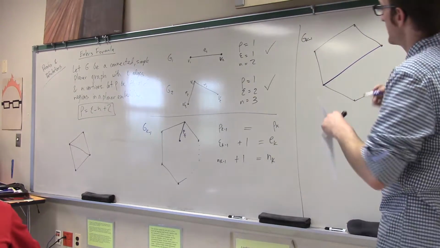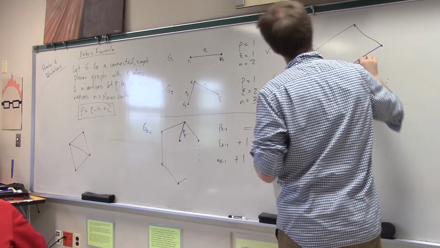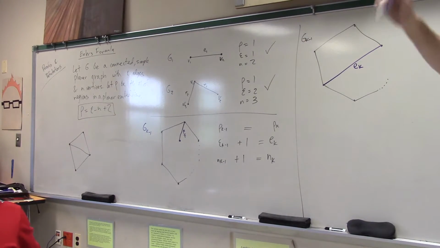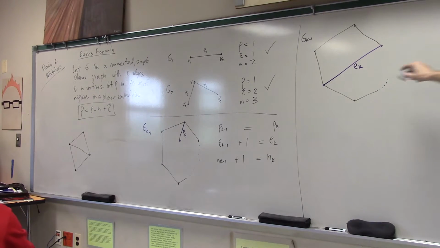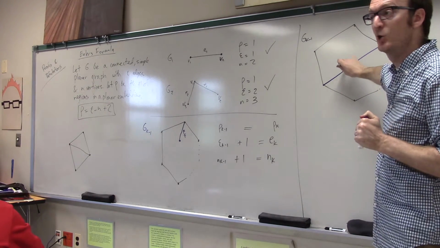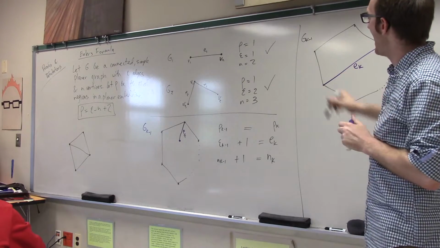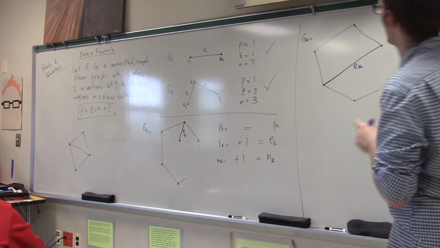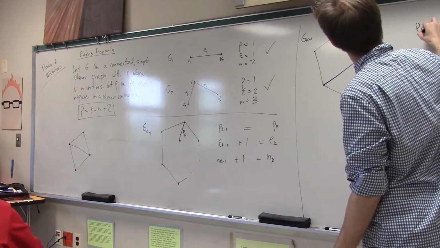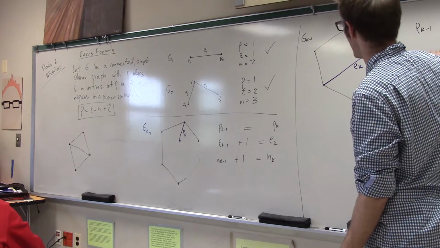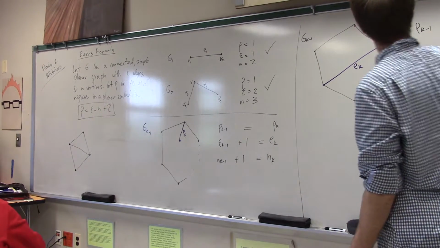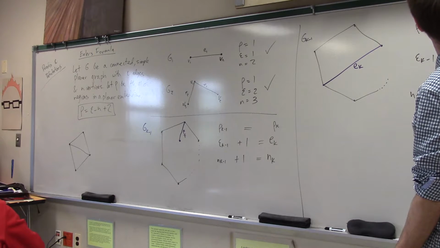So it's possible that in the kth step of my process, by adding a new edge every single time, what I did was add an edge between two vertices that already exist. Okay, well now if I had rho_{k-1}, epsilon_{k-1}, and n_{k-1}, what is the value of rho_k now?